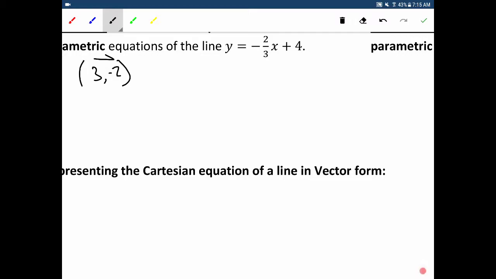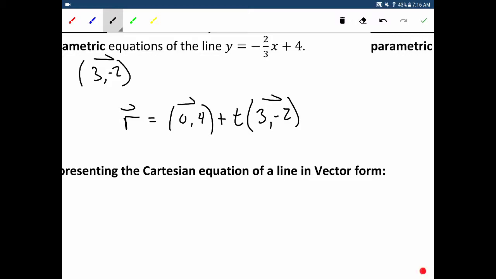So the line is equal to the point we go through, 0, 4, plus t times 3, negative 2, where t is a real number. Simple enough.